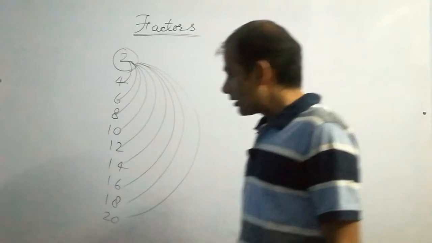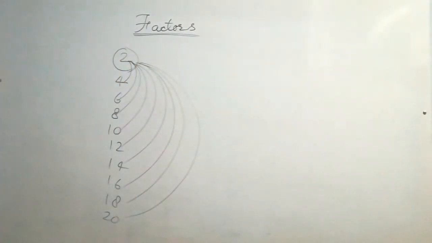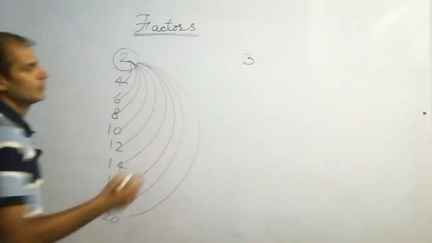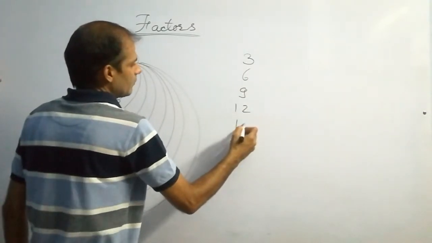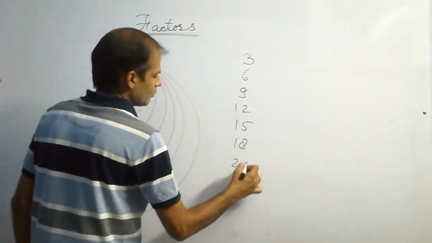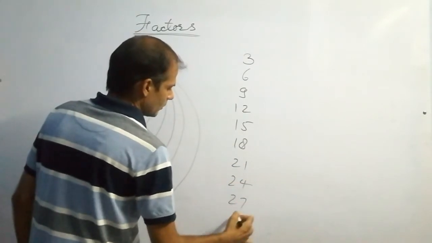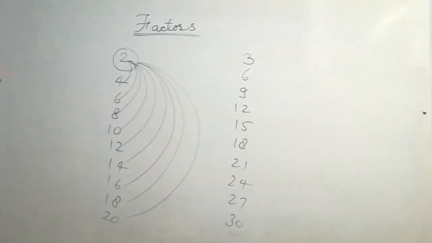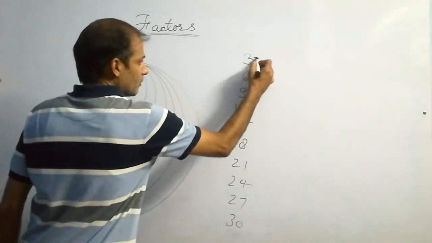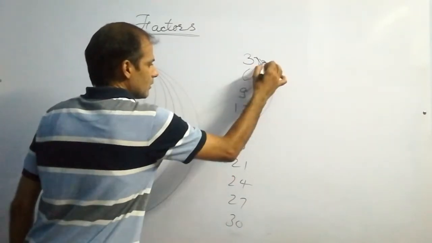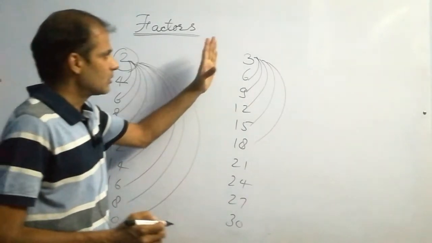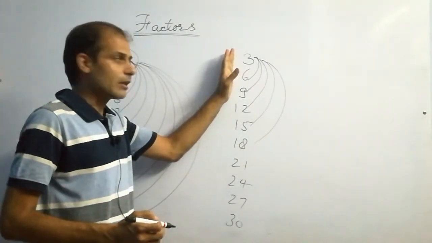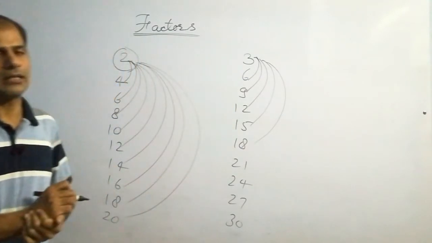For example, if we take the table of 3: 3 twos are 6, 3 threes are 9, 3 fours are 12, 15, 18, 21, 24, 27 and 30. This is the table of 3. Again, 3 is a factor of all the numbers in the same way, because 3 can divide all these numbers completely.